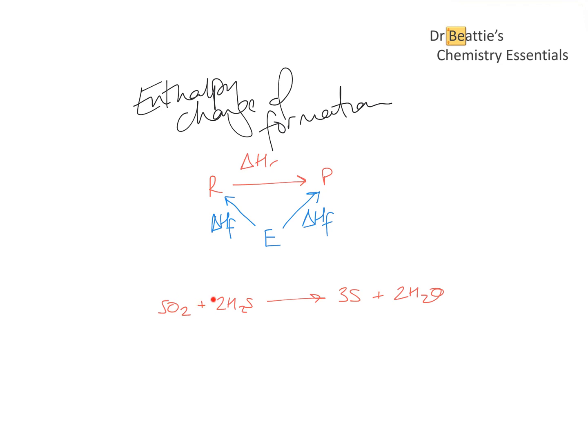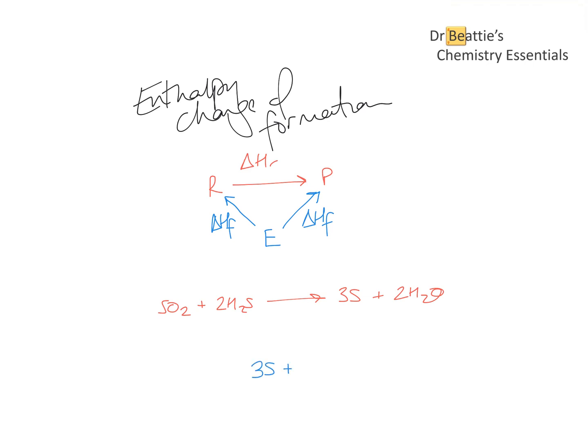So take, for example, this reactant going to these products here. Now you can see this is a compound because they have different elements. This is a compound, but this one is just an element, 3 moles of sulfur. We'll come back to this in a moment. So the elements that make up all of these reactants and products combined are 3 sulfurs.